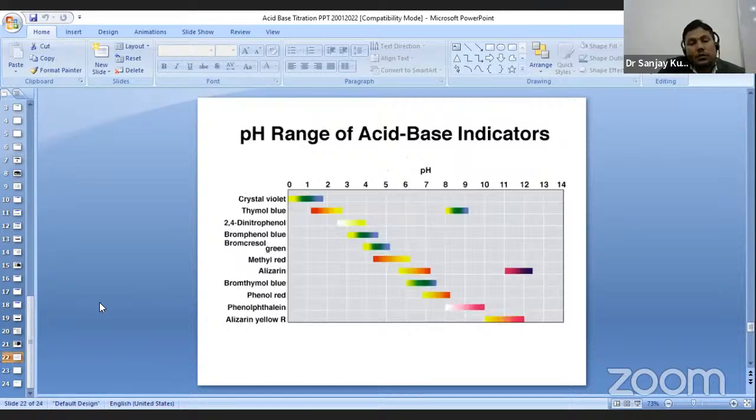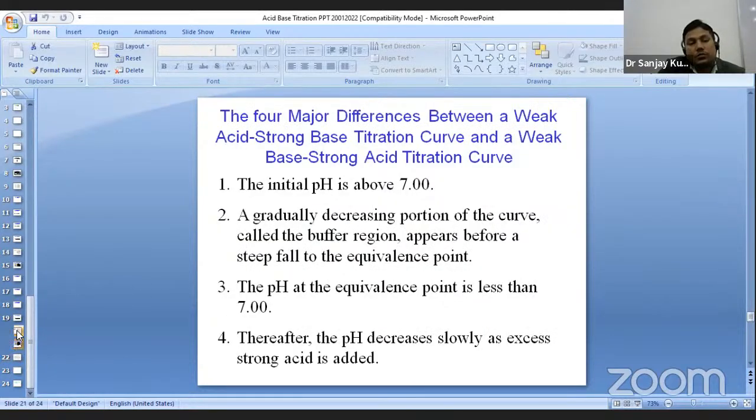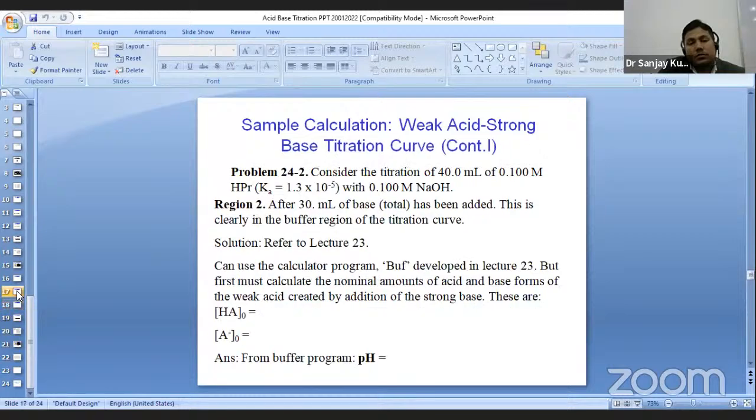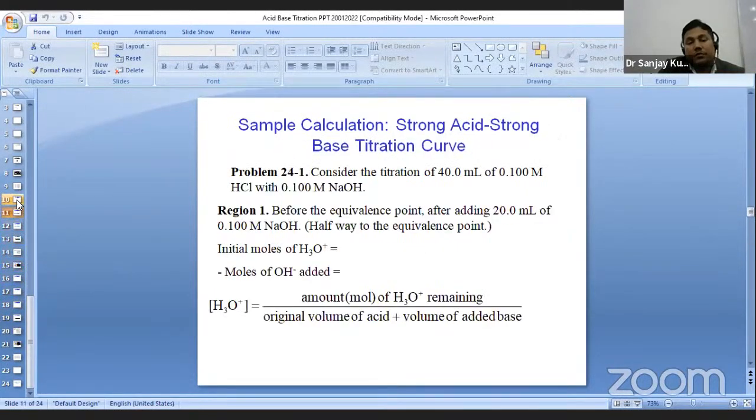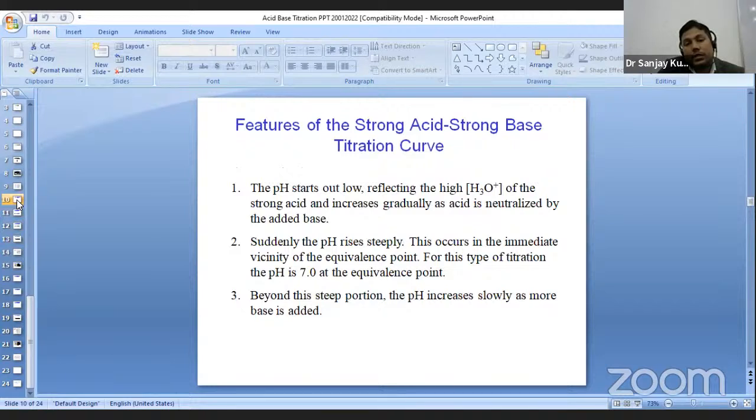Now we have these different pH ranges. So, in the previous one, we did a fast review and brief overview regarding this acid base titration. So finally we are going to summarize and conclude why we are taking an acid base titration.